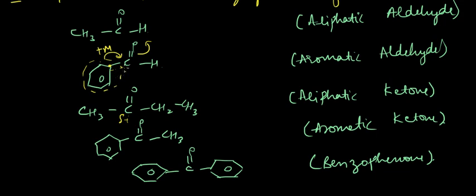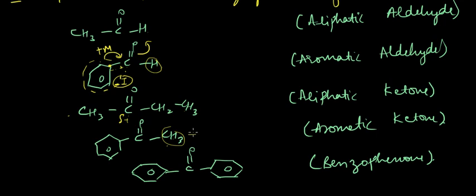Okay, because the plus M is between the bond between C and O, but this phenyl ring actually exerts a minus I effect also on this carbon atom. Okay, well, but in this case there is a plus I effect on both the sides. Similarly the same can be seen for this case, where we have one hydrogen here and one CH3 here.